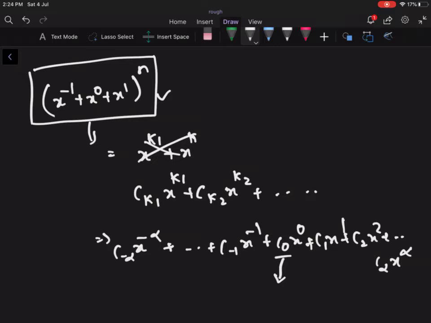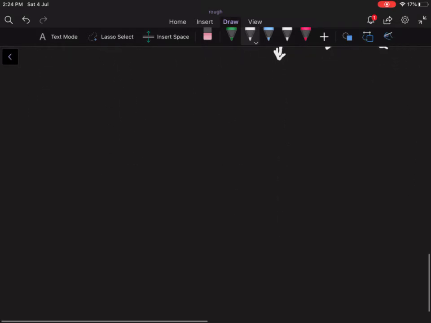And c0 is what we require. Here the coefficients are the number of ways that it can reach that channel. For example, for c1 x power 1, there are c1 ways that it can reach channel 1. There are c0 ways that it can reach the 0th channel, and what we are trying to find out is c0, right?